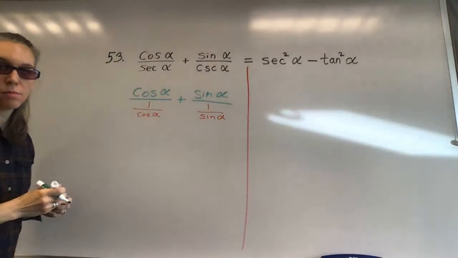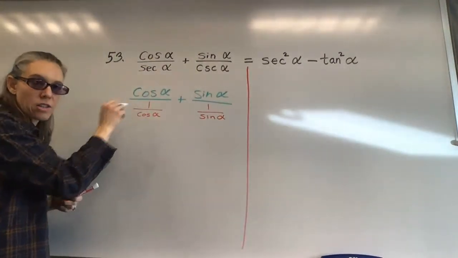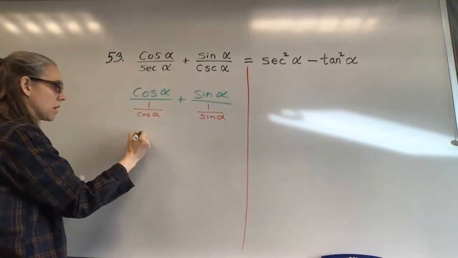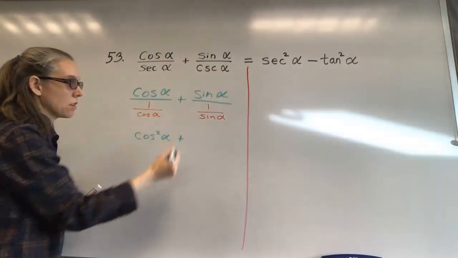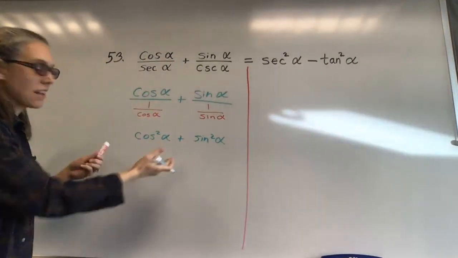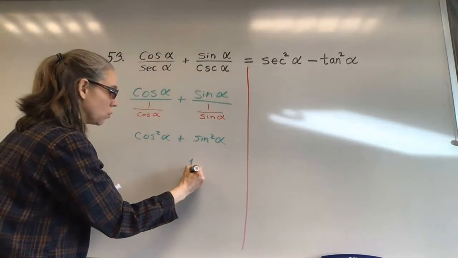And then I can simplify these complex fractions. Remember that dividing by a fraction is the same as multiplying by the reciprocal. So this first term becomes cosine squared alpha, and this second term becomes sine squared alpha. And that's convenient because cosine squared plus sine squared is equal to 1.